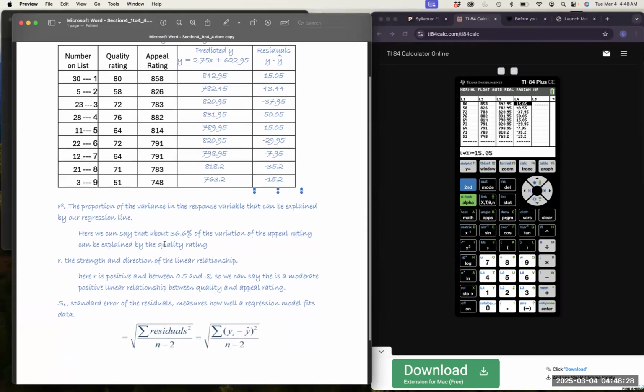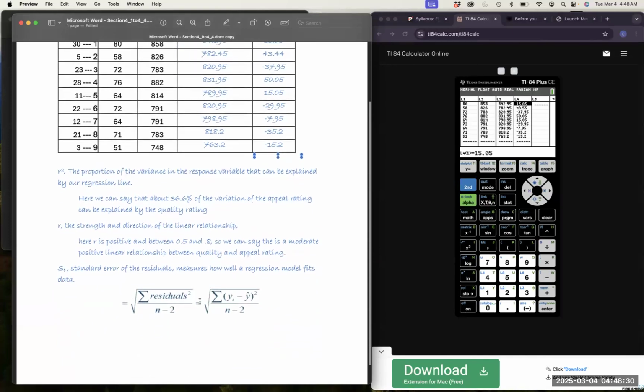I wanted to be able to calculate my standard error for the residuals. And so I want the sum of the residuals squared and I want to divide that. So again, the calculator doesn't do this computation, but I want to talk about how to get this part of the calculation. So the sum of the residual squared. List 4 is my list of residuals.